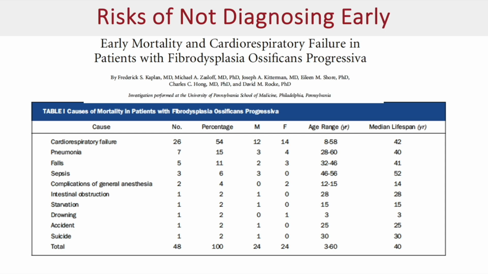Anesthetic is not to be undertaken without the advice of specialist anesthetists who can do fiber optic awake intubations, for instance. And I'll also let you know that through the International FOP Association, you can get in touch with anesthetists who have a special interest and who specialize in the anesthetic administration of people living with FOP. It's an absolutely critical and dangerous undertaking for children or adults to be anesthetized when they have FOP.